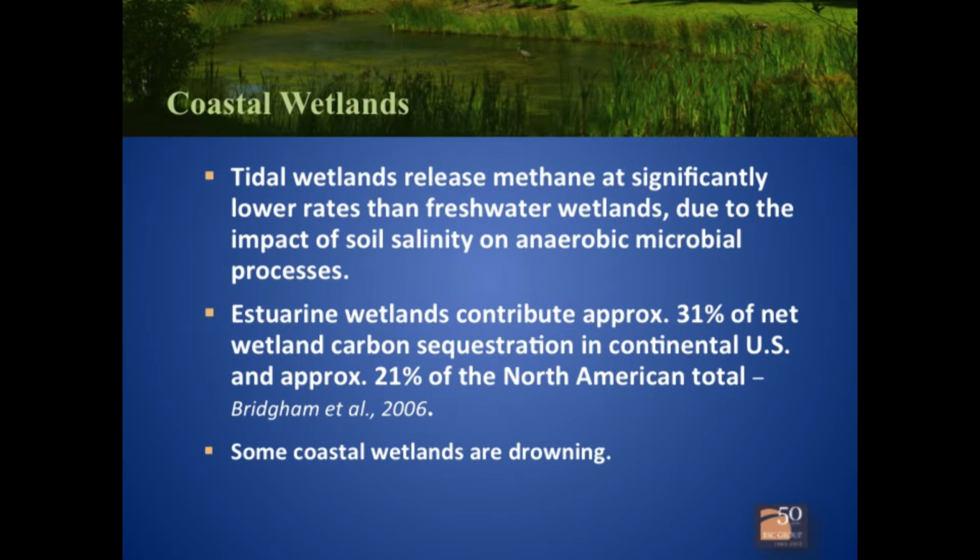Estuarine wetlands contribute about 31% of the net wetland carbon sequestration in the continental US, so they're significant. These are some interesting sequestration versus emission numbers showing how significant wetlands are compared to upland forest, and then some unfortunate emission numbers. Just putting it all in perspective.